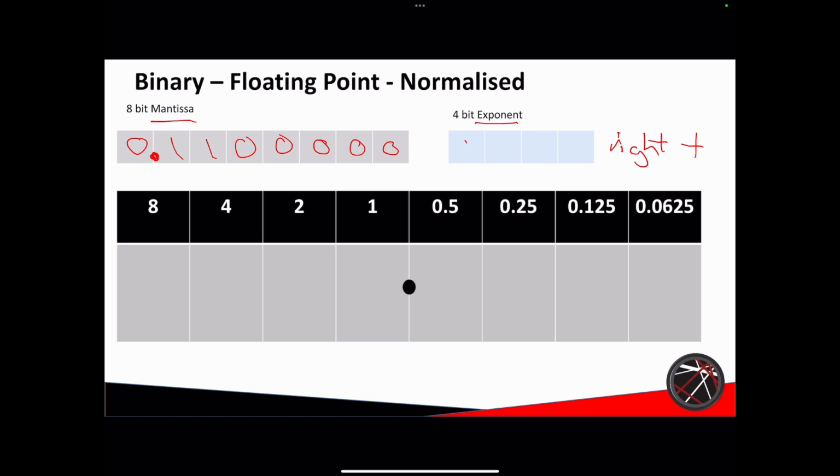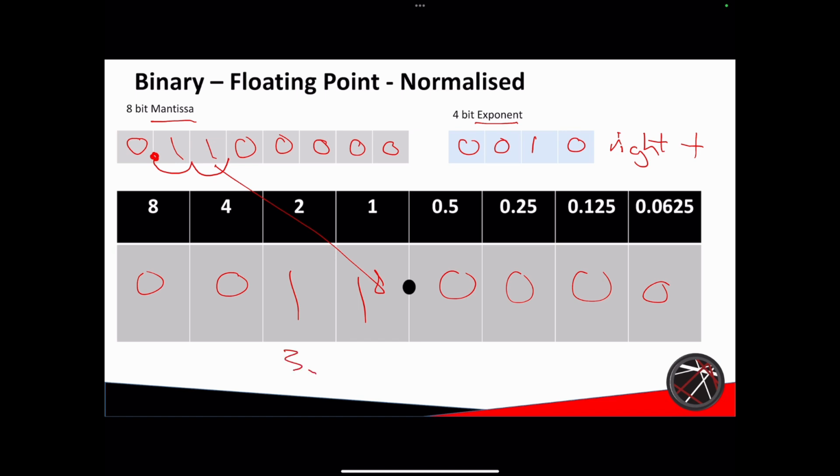And if we just have a simple exponent of 2, in other words, the decimal place is going to move by 2 places, like so. And therefore, if you imagine the decimal place is down here, we're just going to transpose this down like that. So therefore 1, 1 will go there, and then the 0, 0, 0, 0, and then we add in the additional 0, and you can see that we've just represented 3.